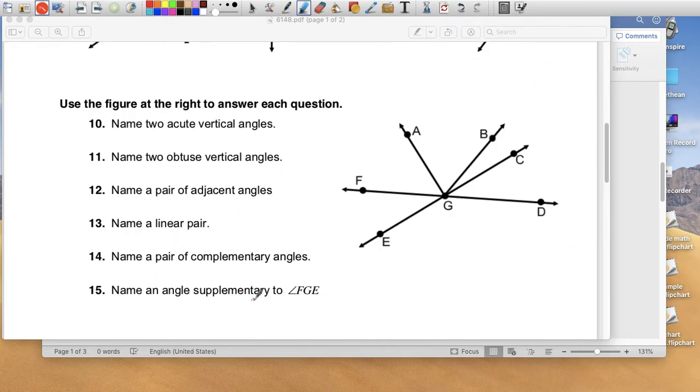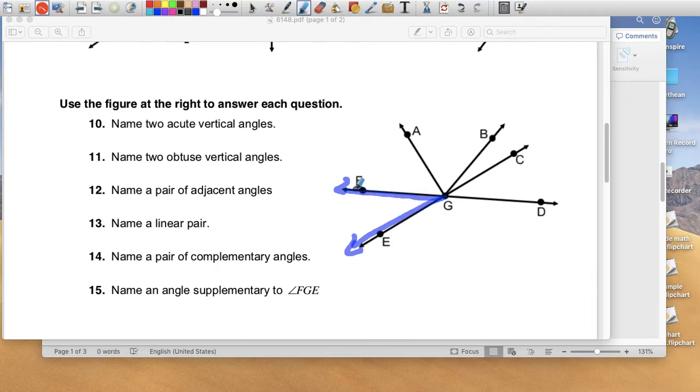Name an angle that's supplementary to FGE. So let me highlight FGE. So what angle added to that angle would give me 180? All right. So let me pick my straight line.